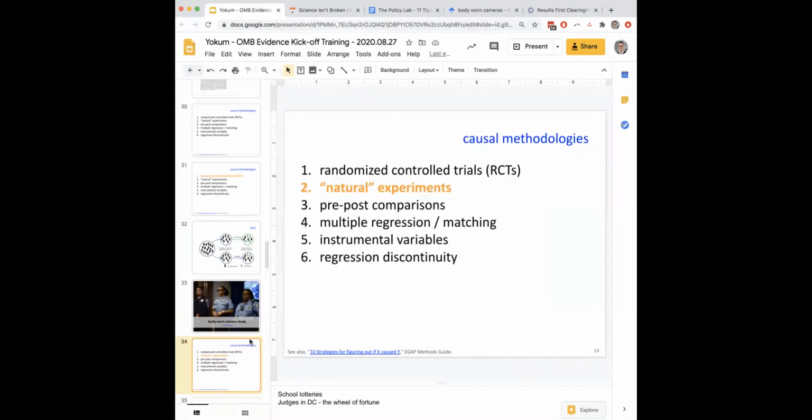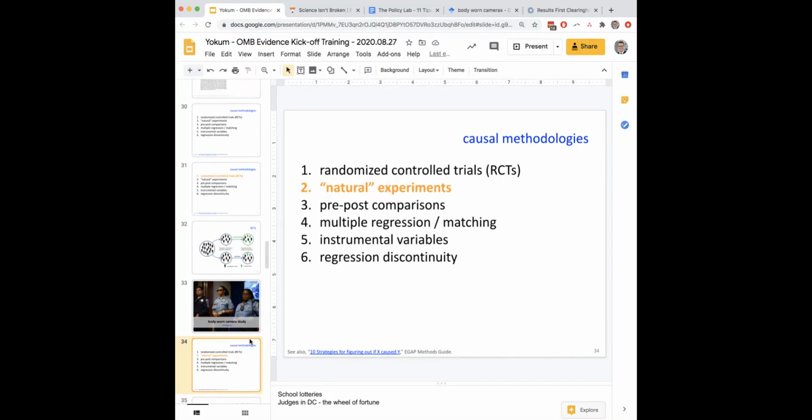A natural experiment is a shorthand for something that happened to have occurred that essentially is the same as if you were to have designed a randomized controlled trial yourself. An example of this might be any program that has more people applying for it than you can actually fit into the program, and so you administer a lottery to decide who goes in.